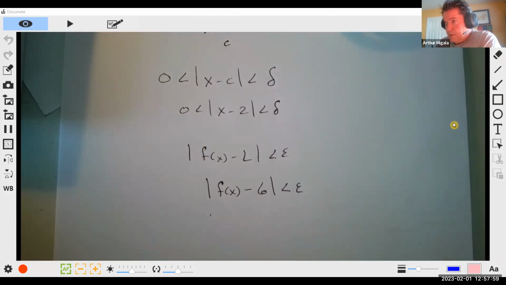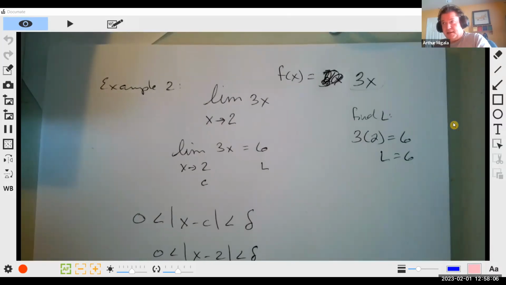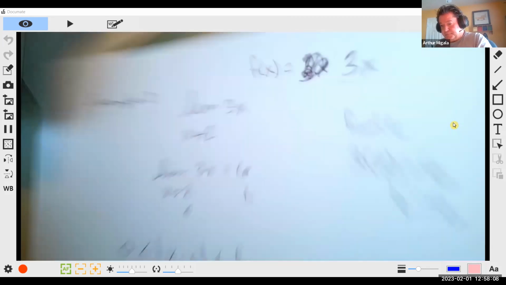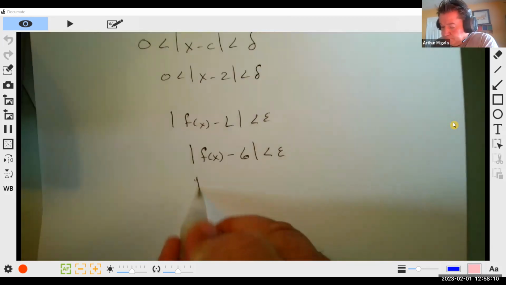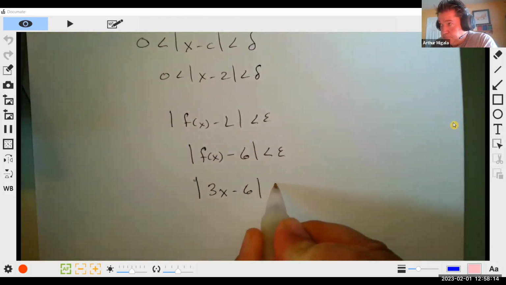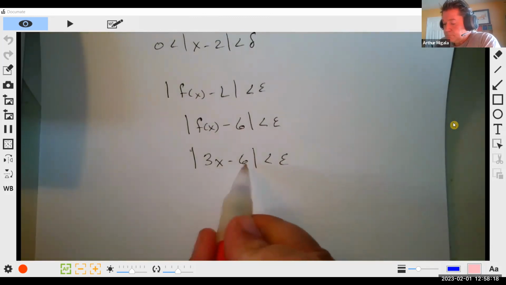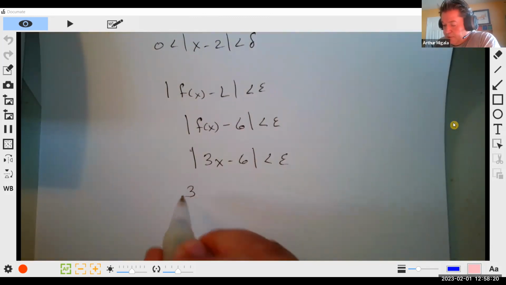So what is f of x? f of x was defined as 3x. We can factor out a 3 here.